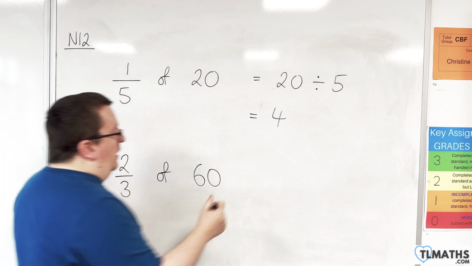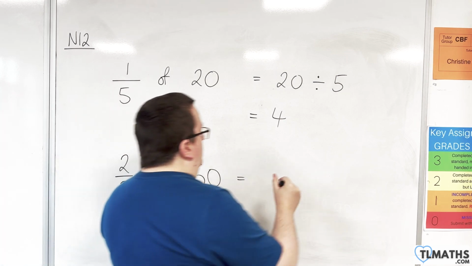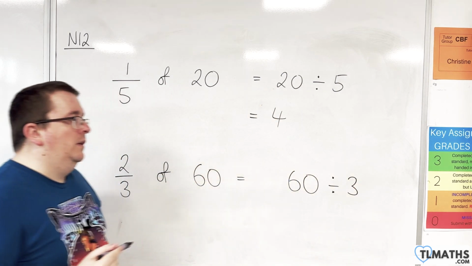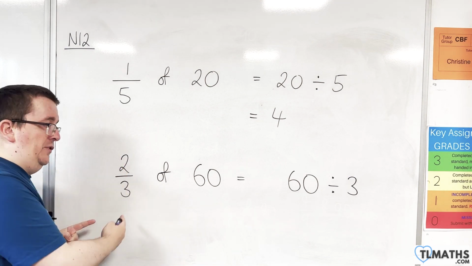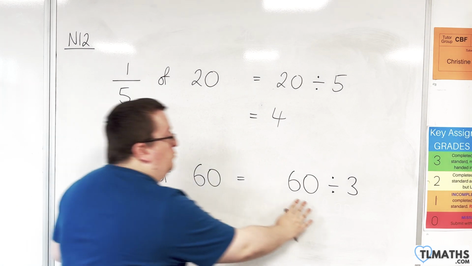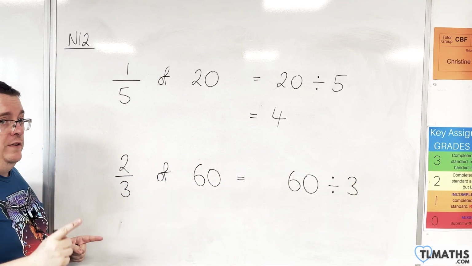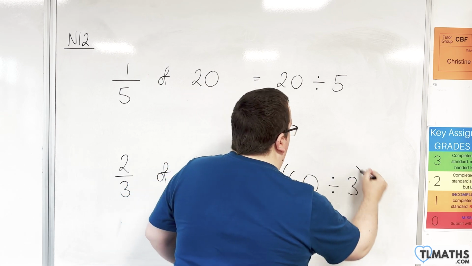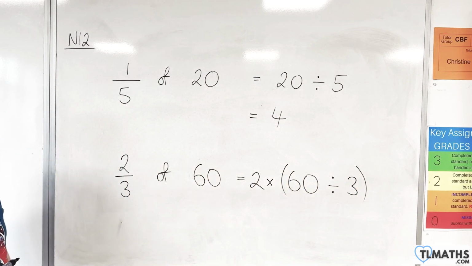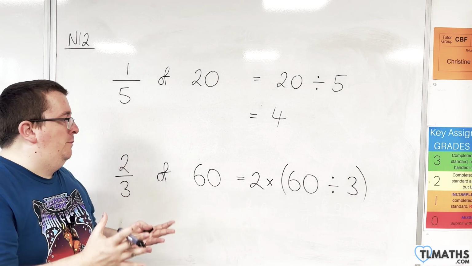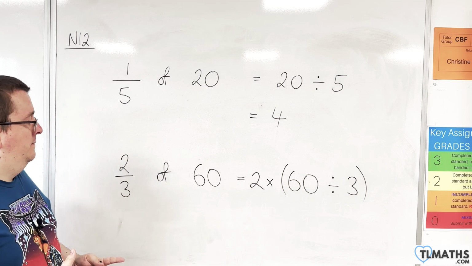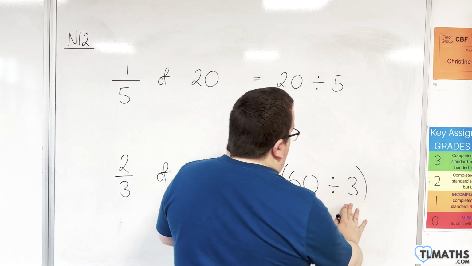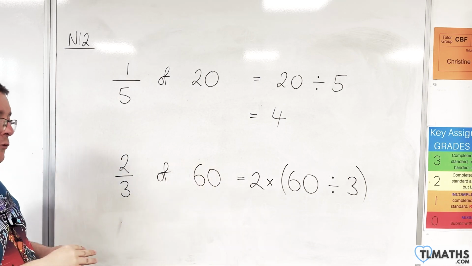I'm going, well, what is 60 divided by 3? And because I want 2/3, I don't want 1/3, I then multiply my answer by 2. So that is the order of operations that I'm really considering here when I do 2/3 of 60. I'm going to do the 60 divided by 3 first and then multiply by 2.